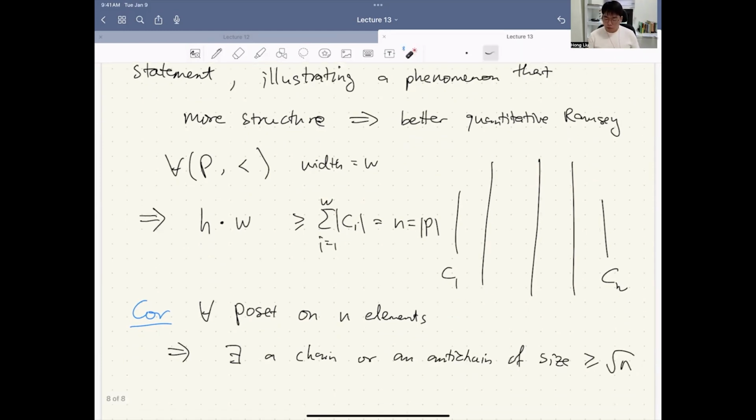Either the width is at least square root n or the height is at least square root n.